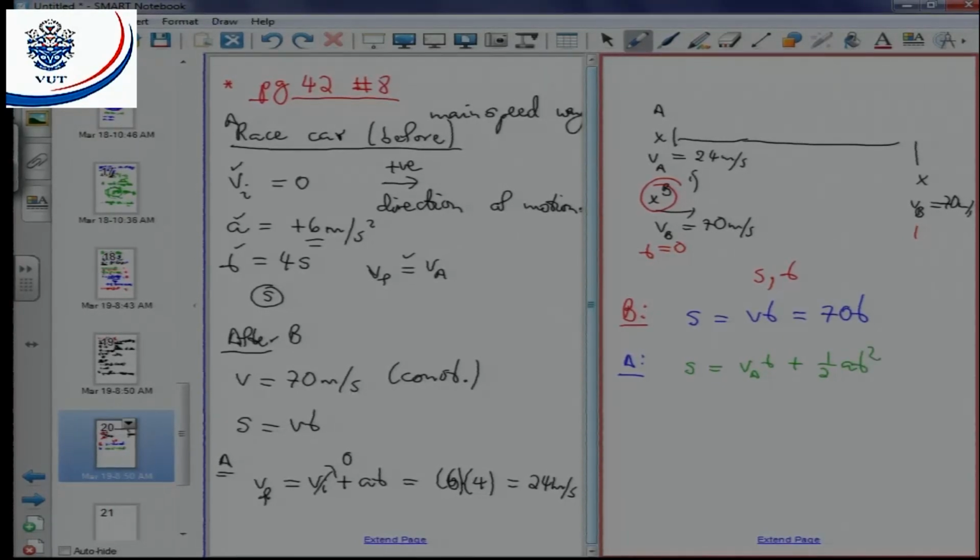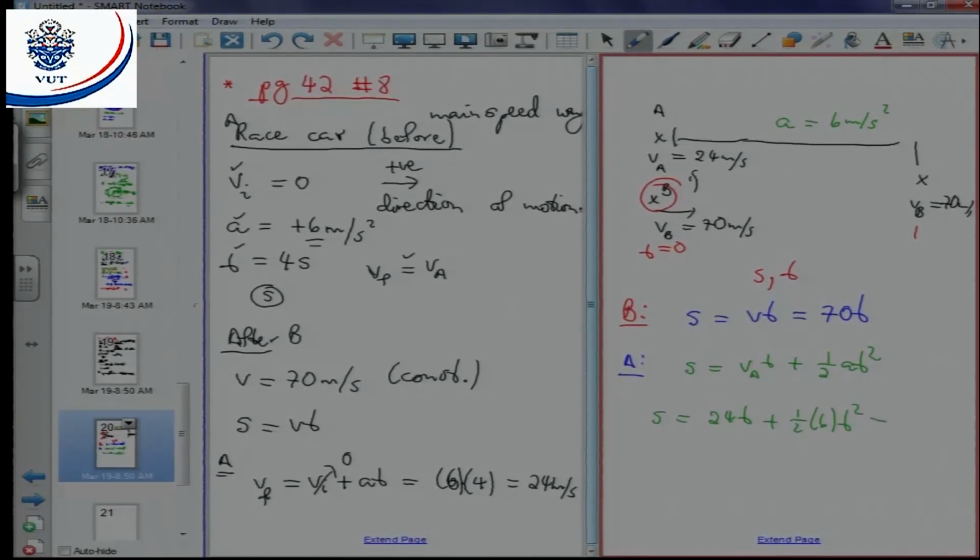So 1/2 AT squared, and remember that driver A maintains the acceleration A, which is 6 meters per second squared, throughout the race or before they catch up. So here we know that S equals VA, which is just 24, we don't know the time, plus 1/2, the acceleration is 6, we don't know the time, T squared.